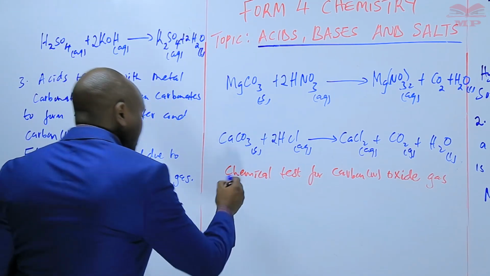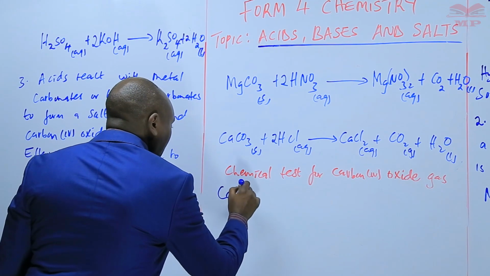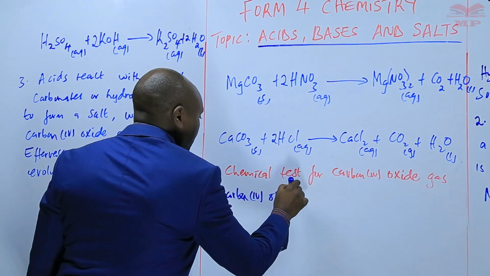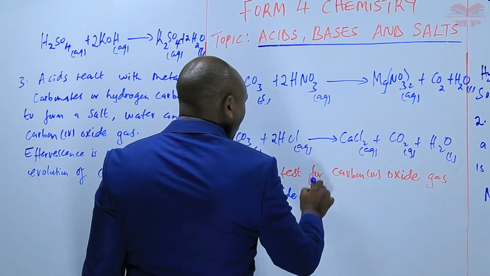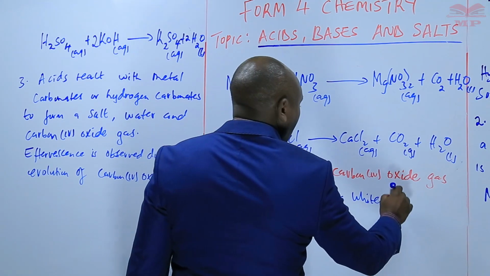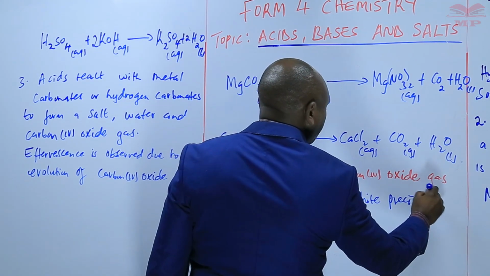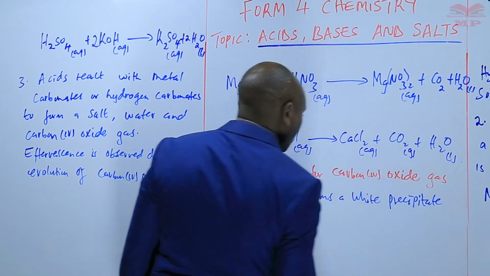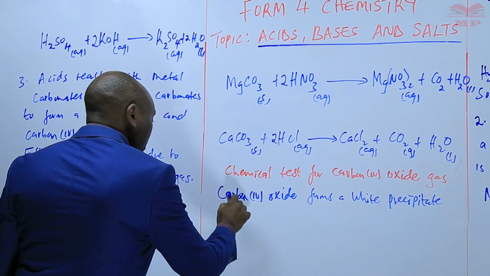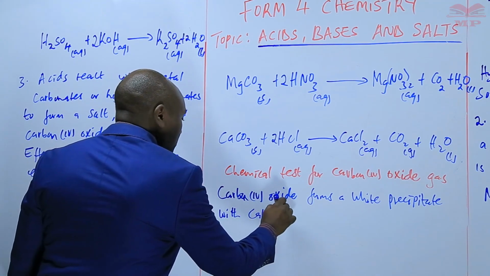So carbon dioxide forms a white precipitate with calcium hydroxide.